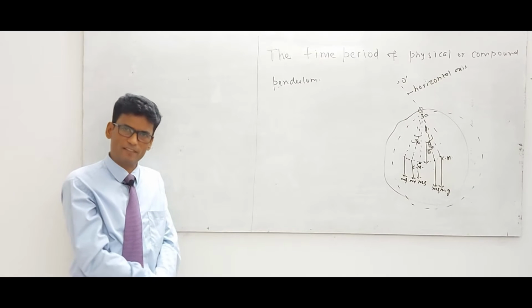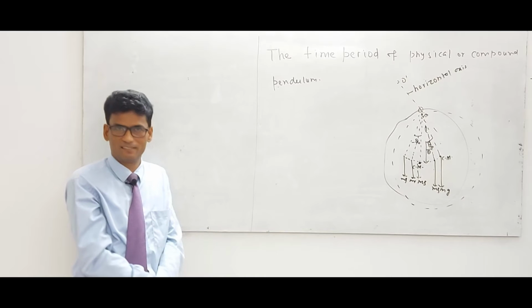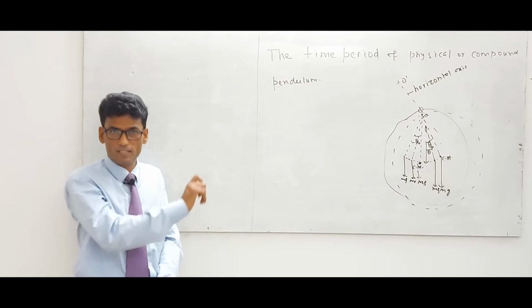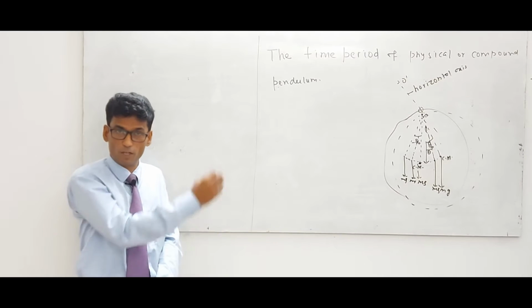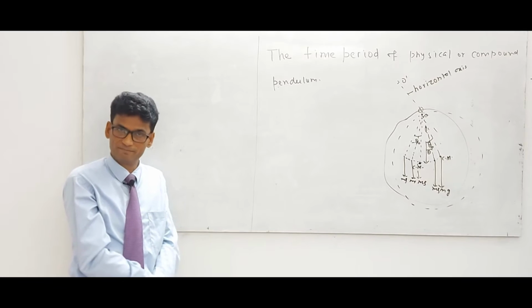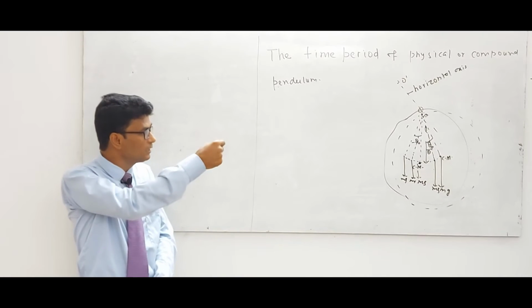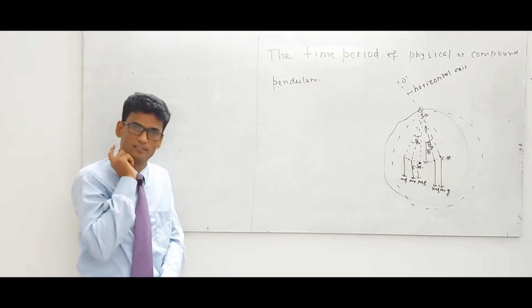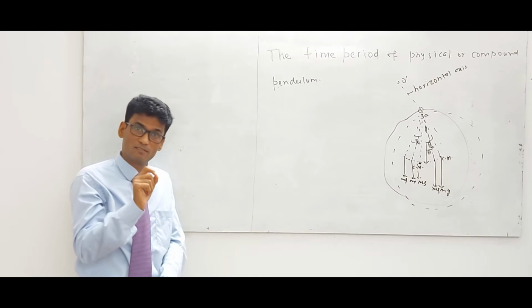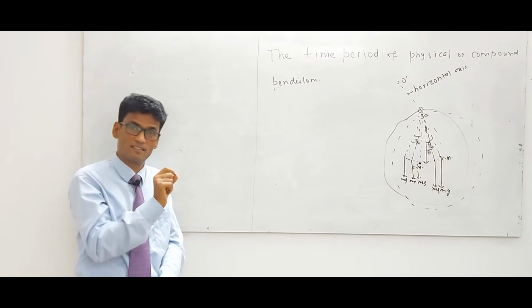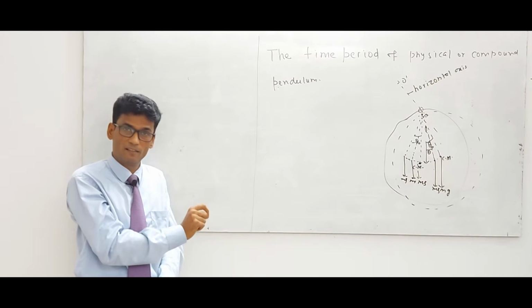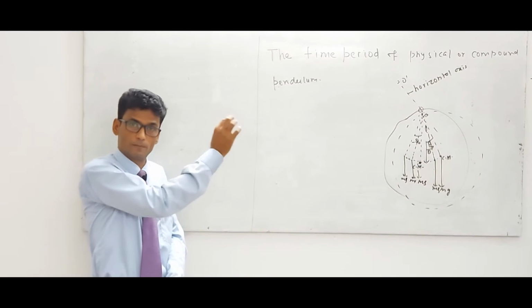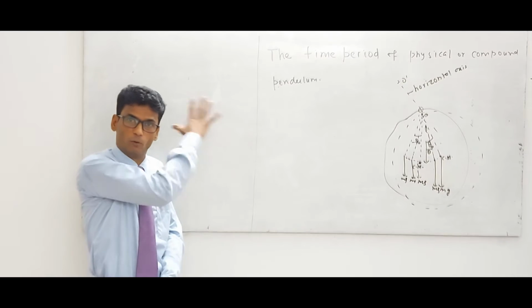The point at which the body hangs, the point about which the body oscillates, that's the point of suspension. Because the body may be hung by some other means. So that other means exerts forces on this body. We call it here a physical pendulum or compound pendulum.